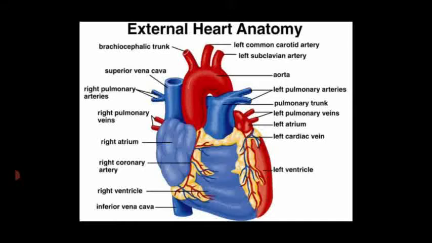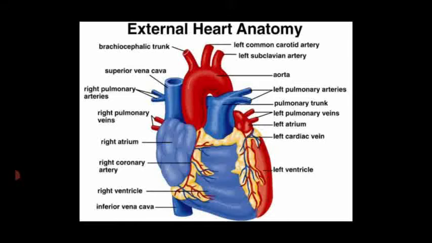The right atrium contains superior vena cava, inferior vena cava and coronary sinus. These 3 collect the deoxygenated blood and store it in the right atrium. At the same time, the left atrium brings the oxygenated blood through pulmonary veins.